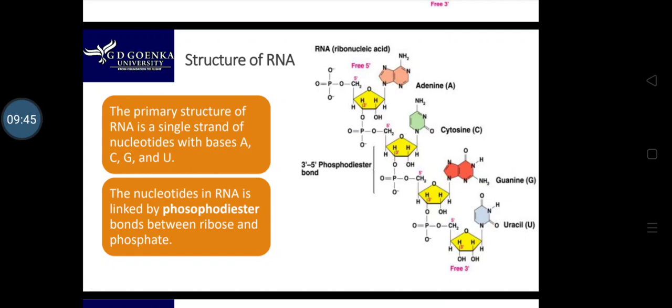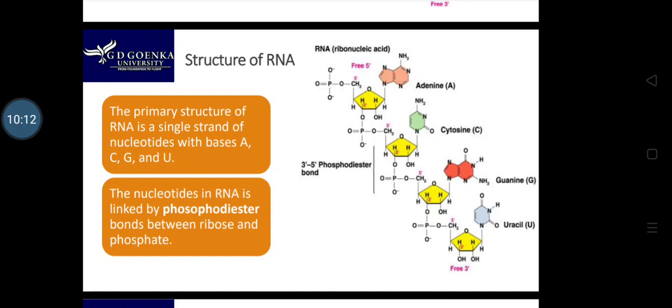This is the primary structure of RNA. Here we can see the nitrogenous bases A, C, G, U. Thymine nucleotides are only present in DNA. The nucleotides in RNA are also linked by phosphodiester bonds, and here the sugar is ribose.